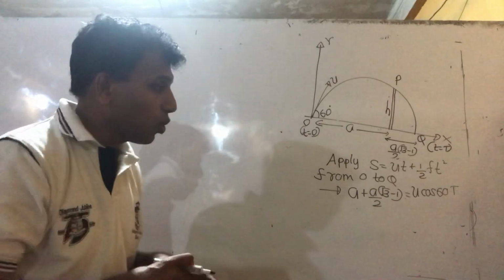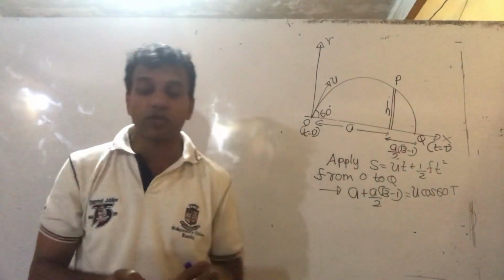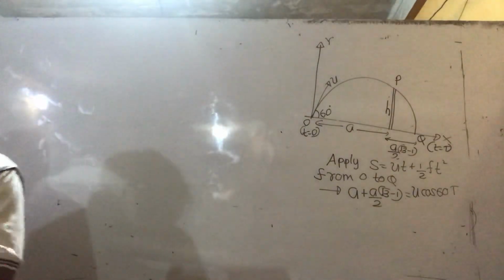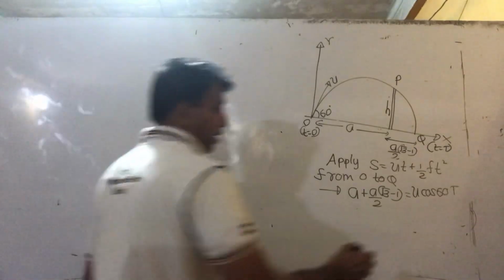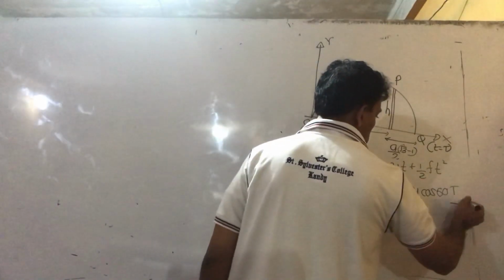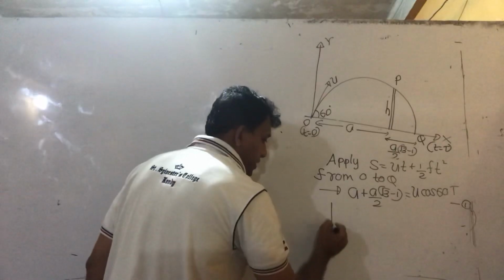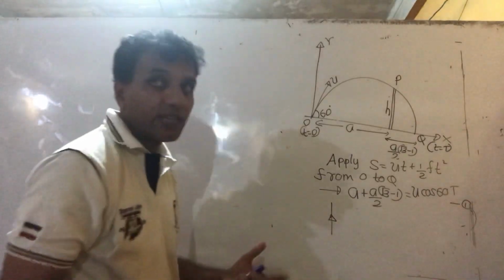There's no horizontal acceleration in projectile motion. This is our first equation. Next apply vertically upward. You can find capital T from that.